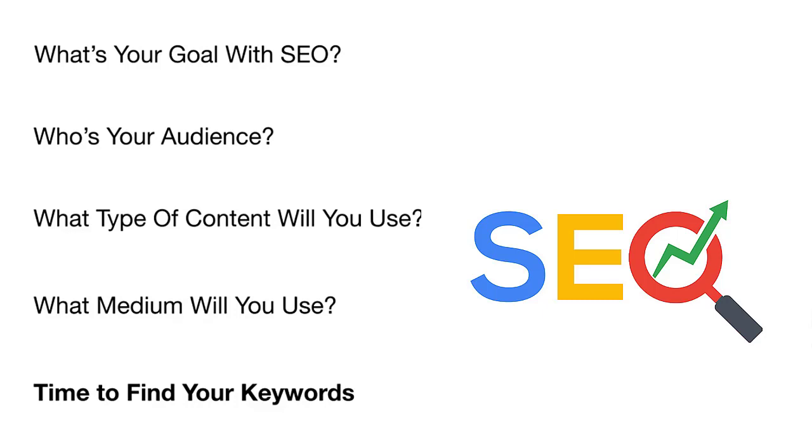For example, YouTube is one medium, Amazon is another medium, Google is another medium, any other website around the world is another medium from which we can get visitors, viewers, or customers. So that is also very important.